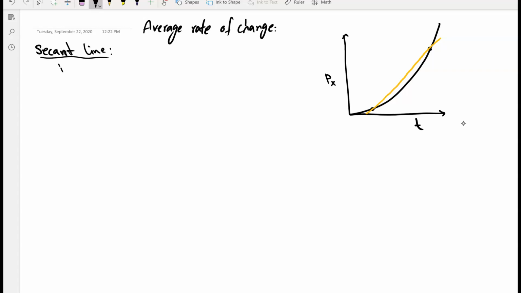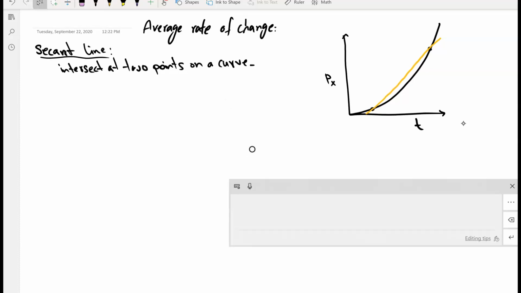A secant line intersects 2 points on a curve. Clear? Now this is about the secant line.